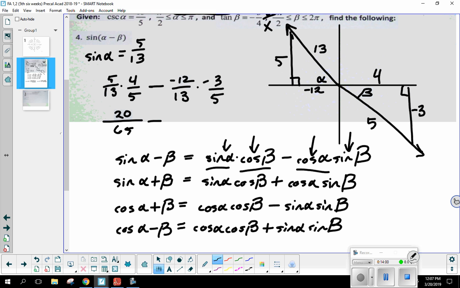Now, it's true 20/65 can reduce, but I would leave it as is for the time being because we need a common denominator anyway. So the 13 times 5 will once again give me 65. 12 times 3, 36. So what's 20 minus 36? Negative 16. Negative 16/65. And I don't believe that will reduce, so that should be sine of alpha minus beta.